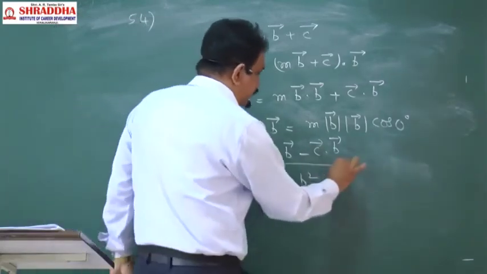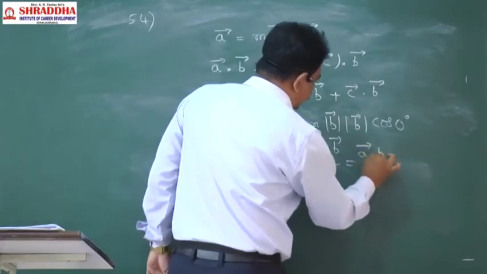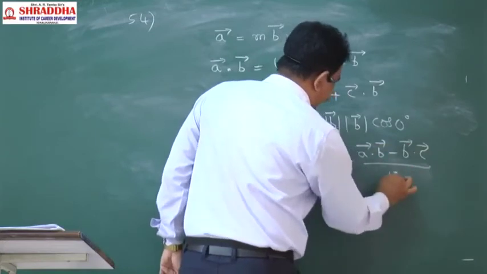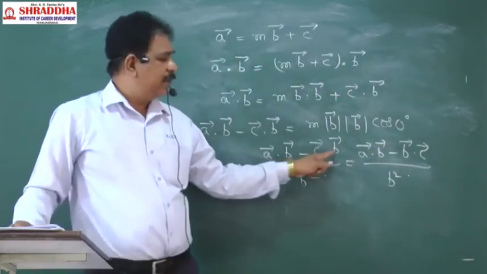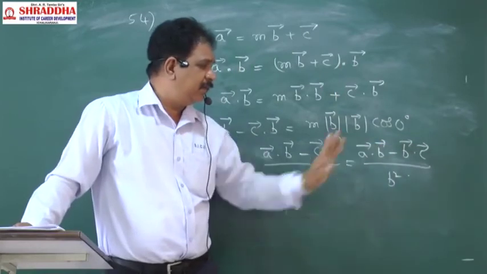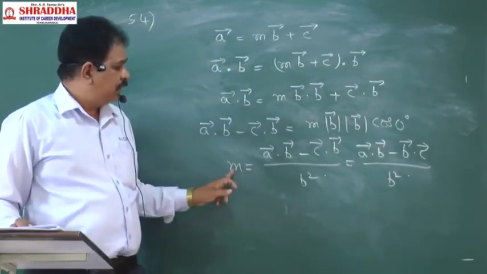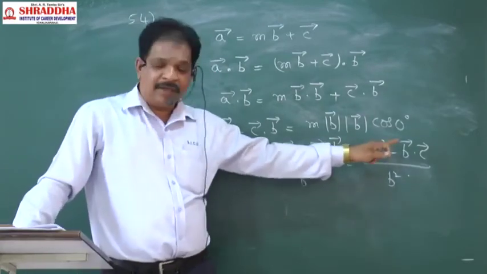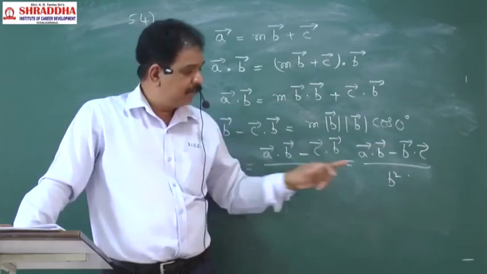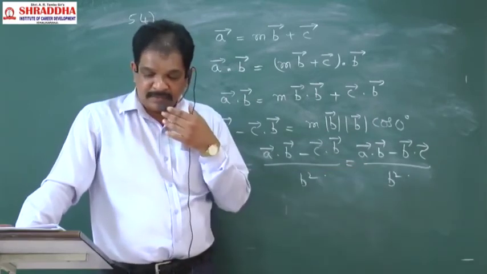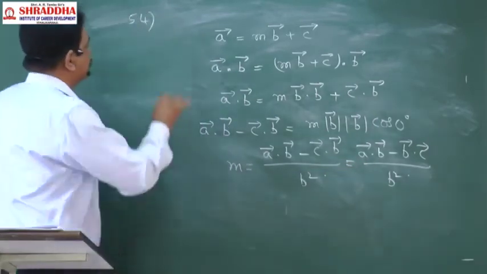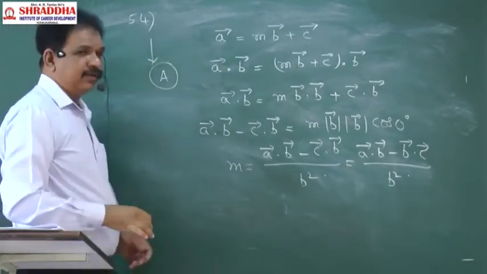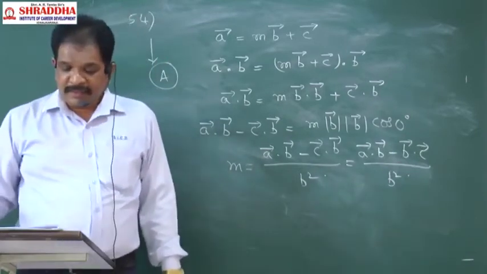So M is equal to A bar dot B bar minus B bar dot C bar by B square. So 54, it will be the first option. Clear? Next.